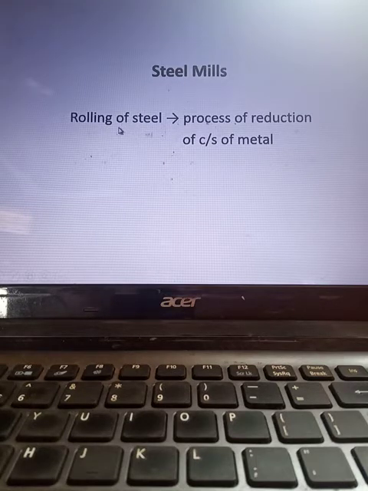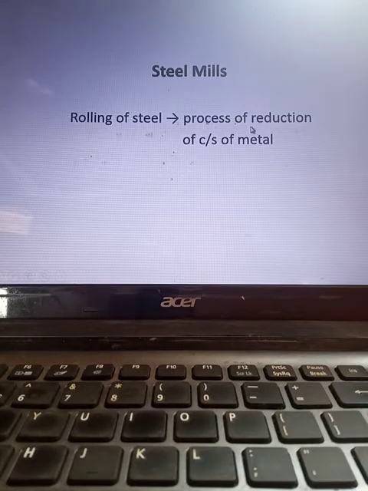And what is this rolling? Rolling is the process of reduction of cross section of metal. Steel metal is there, na? That metal cross section, the geometry, we change. That process of changing, reducing that to different shapes, is a mechanical process.